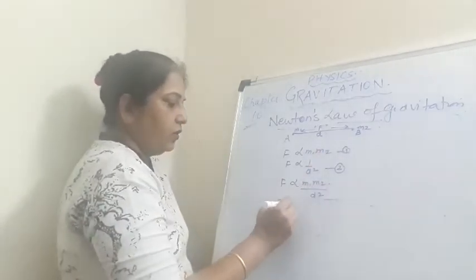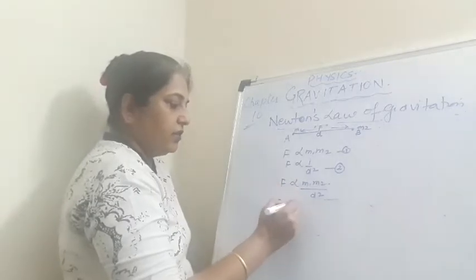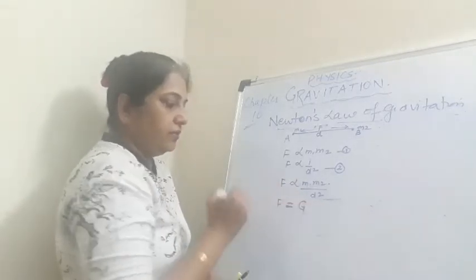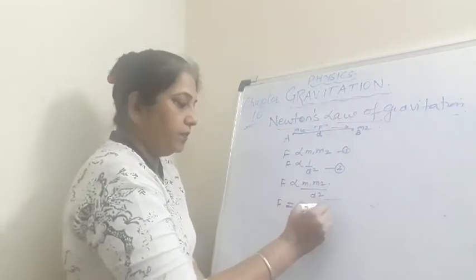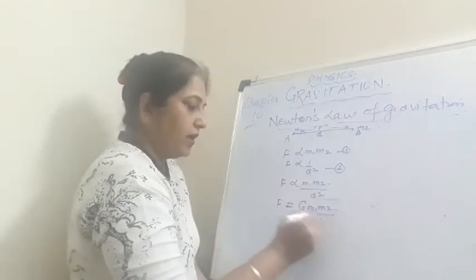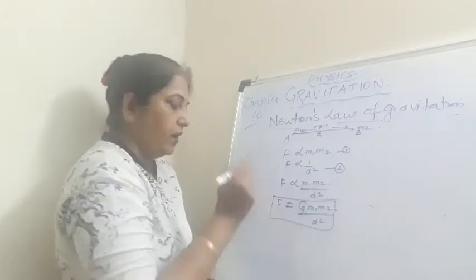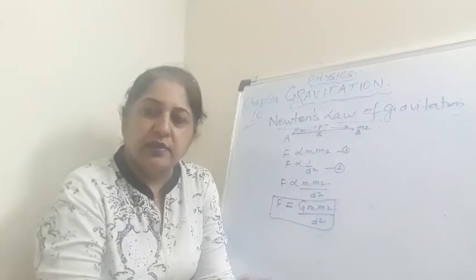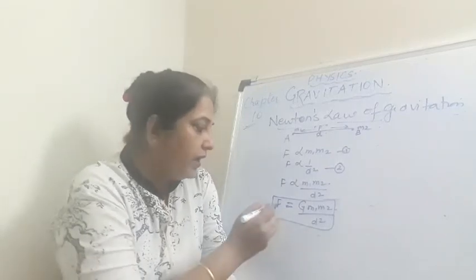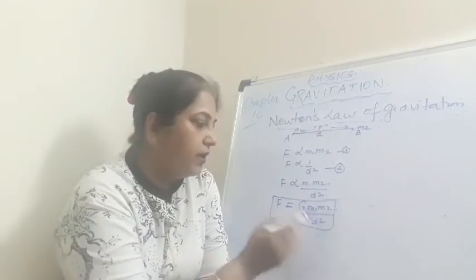Now, as I told you, when we remove this proportionality sign, we change it to an equal sign with a constant capital G, known as the gravitational constant, and it will be G m1 m2 upon d square. So the force of attraction between any two objects in the universe is given by the formula F is equal to G m1 m2 upon d square.